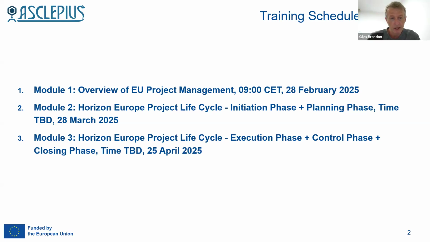Similarly, Module 3 will really be talking about the execution, implementation of Horizon Europe projects. And again, I'll be drawing upon a lot of my own personal experience and practical examples of how you can go about managing a Horizon Europe project on a practical day-to-day basis.